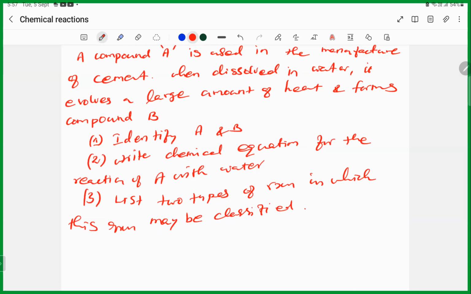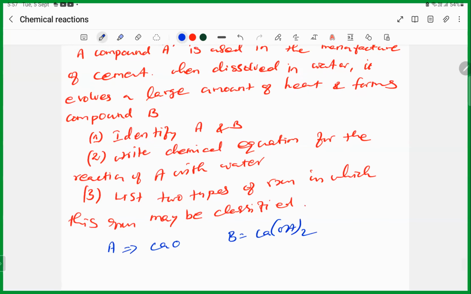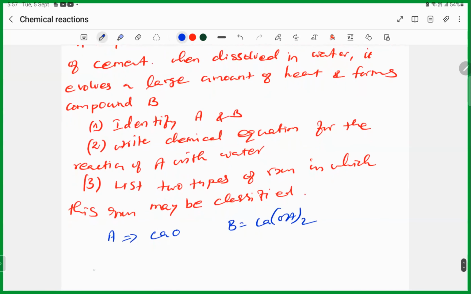Sir, compound A is calcium oxide. Good. And compound B is calcium hydroxide. Very good. So the balanced equation is calcium oxide CaO plus H2O gives Ca(OH)2.